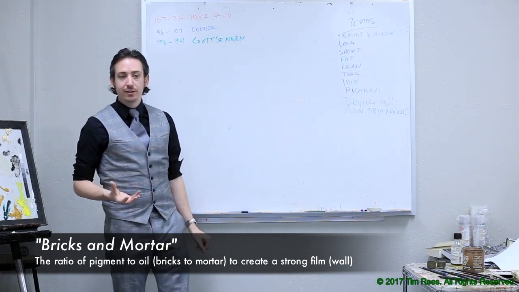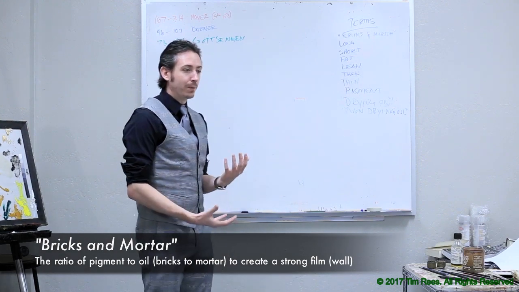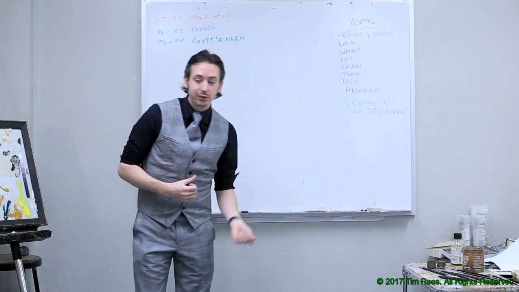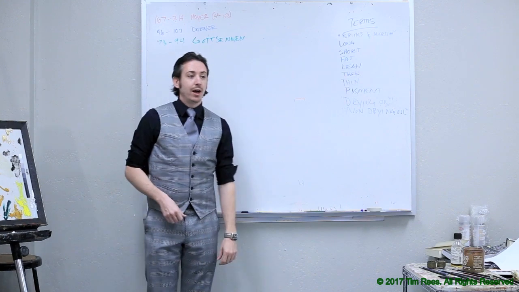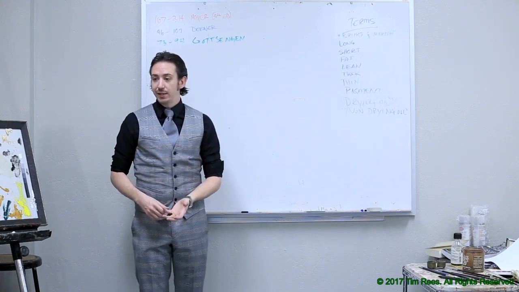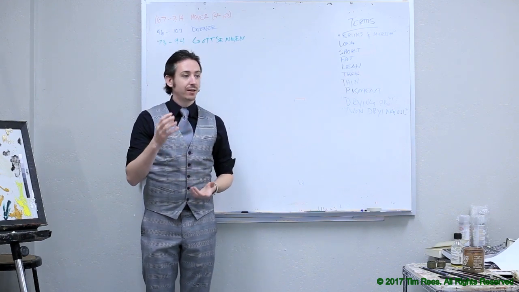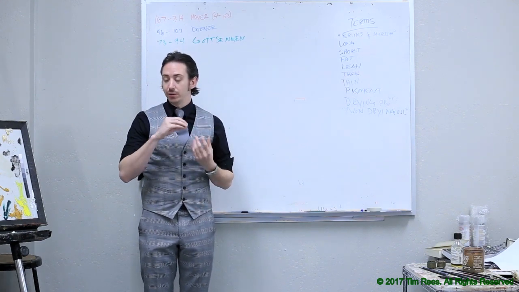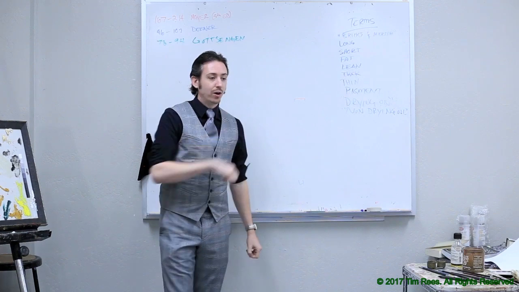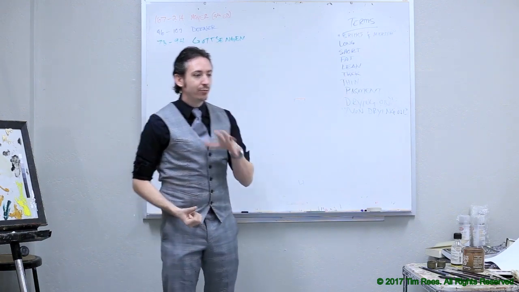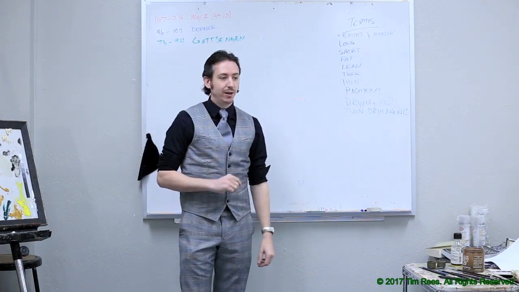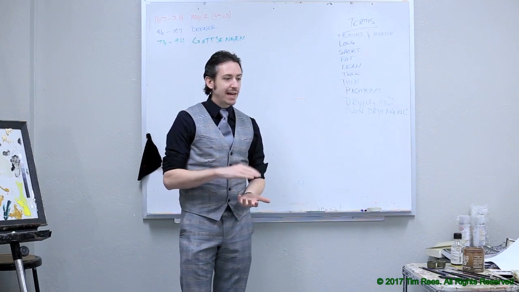It can be likened to building a wall. You would use bricks and mortar. Enough mortar to hold the bricks together, but too much mortar will make the wall crack because the mortar expands or contracts as it dries, and then your wall could topple. So you need the correct amount of bricks and the correct amount of mortar to make a lasting wall.